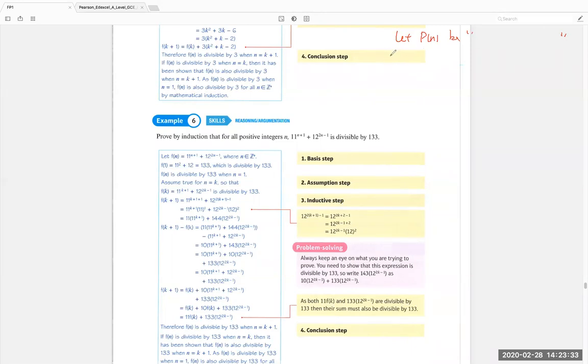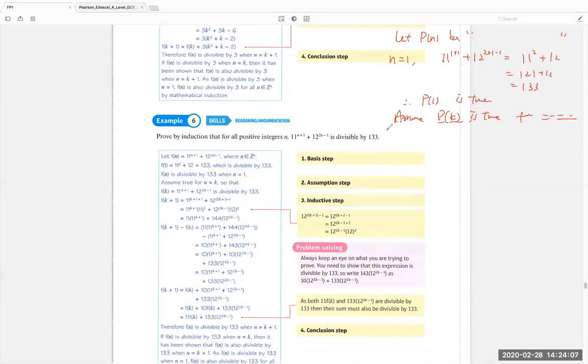So when n equals 1, 11 to the power 2 plus 12, you get 133. So P1 is true. And then assume Pk is true for some positive integer k.